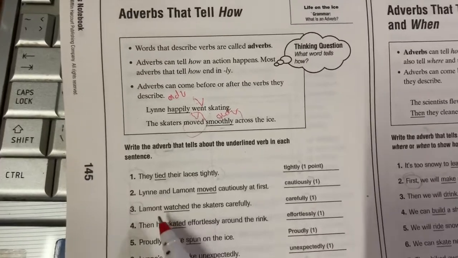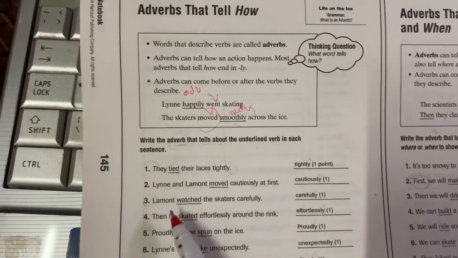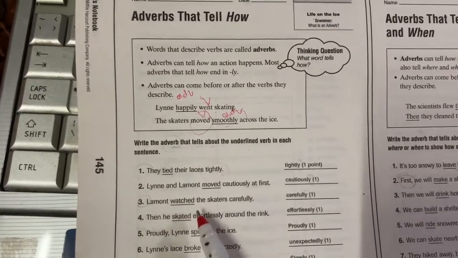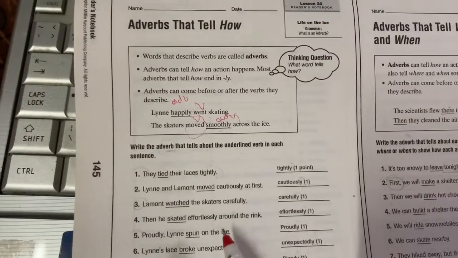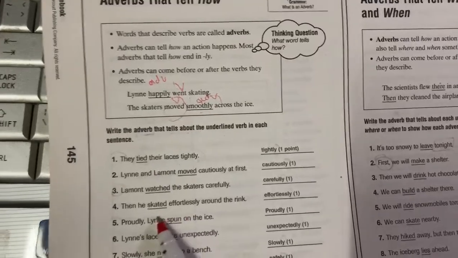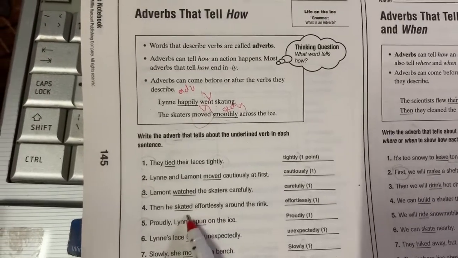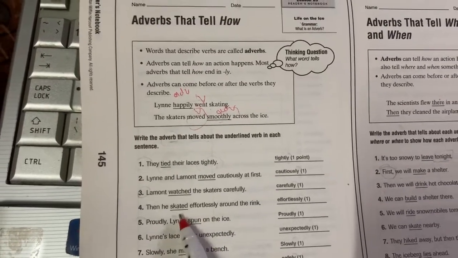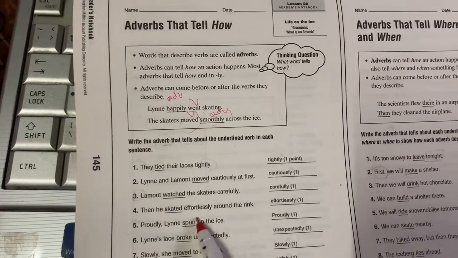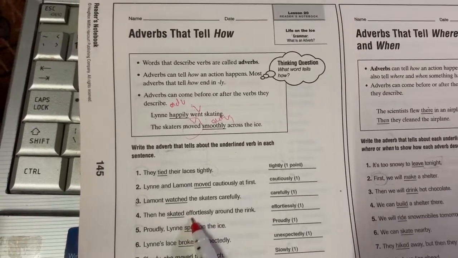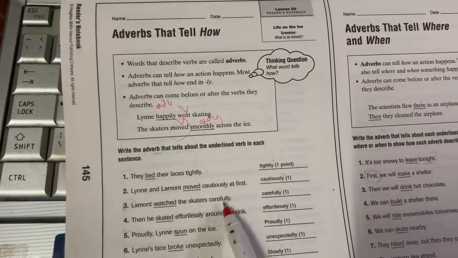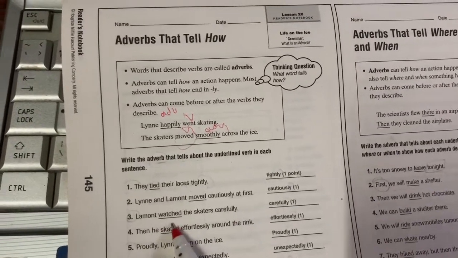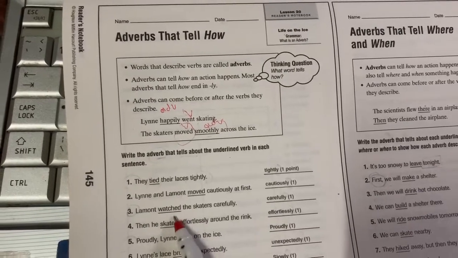Look at the third example here. Lamonette washed the skates carefully. What do you notice here? Lamont washed the skates carefully. The verb here is washed.